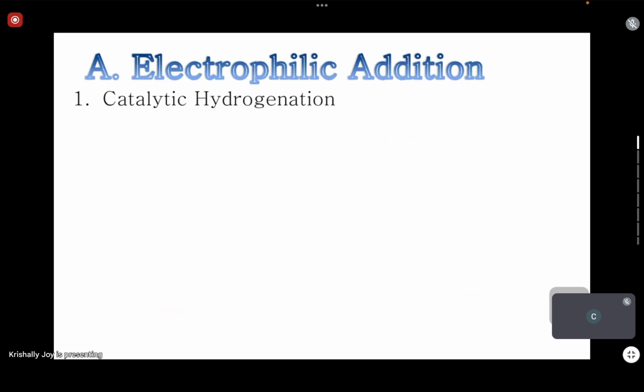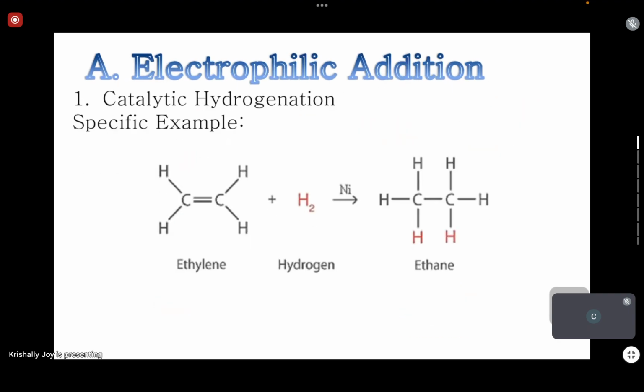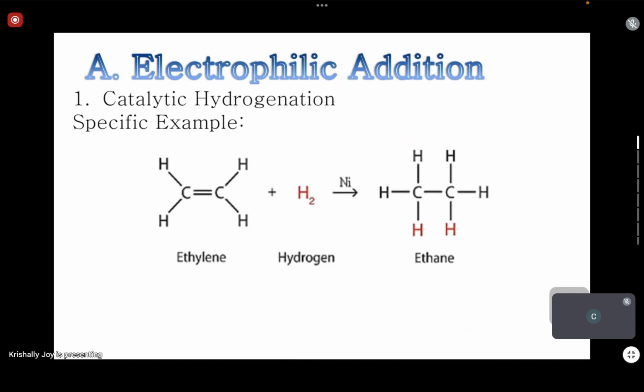Sige, let's have an example. Well, this is the simplest example. You have ethylene, also known as ethene, the simplest alkene. So the reaction obviously will happen to the functional group of ethene, the portion na may double bond, carbon to carbon. So break that pi bond, tingnan ha.